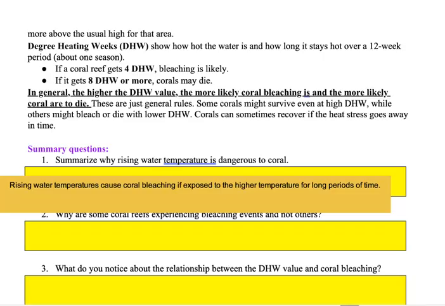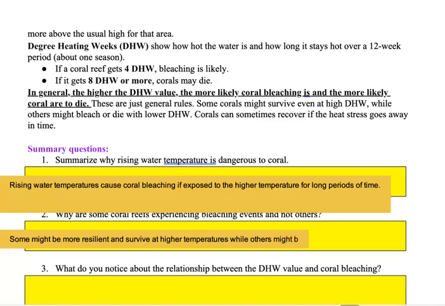We've been talking about natural selection, right? So some corals might be more resilient and survive at higher temperatures, while others are more sensitive.